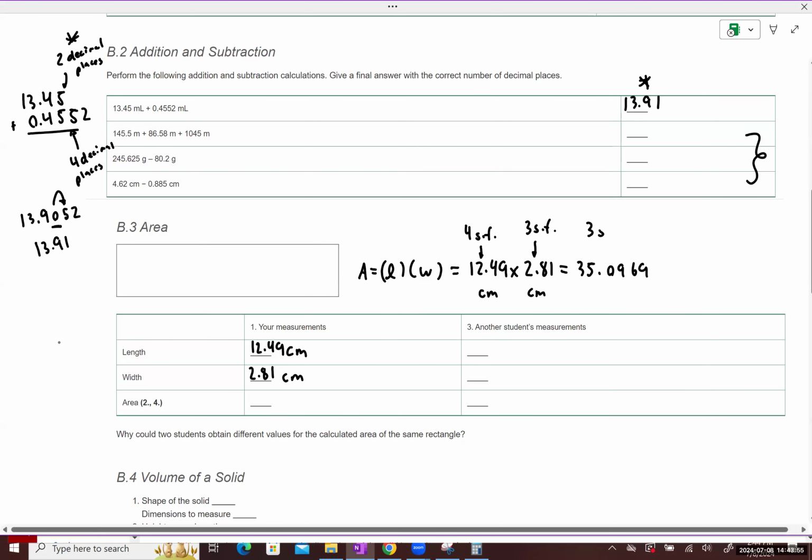And we're going to round this answer to 3 significant figures. So we find the third significant digit. We look 1 space to the right. 9 is greater than or equal to 5. So we round up. And that gives us 35.1 centimeters squared, because centimeters times centimeters gives us centimeters squared.